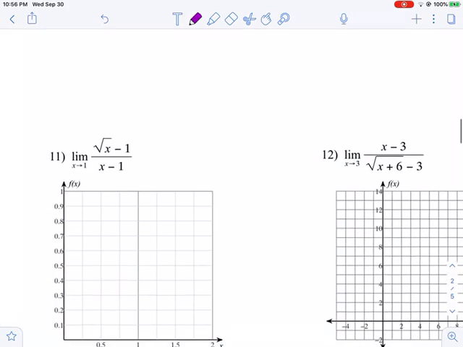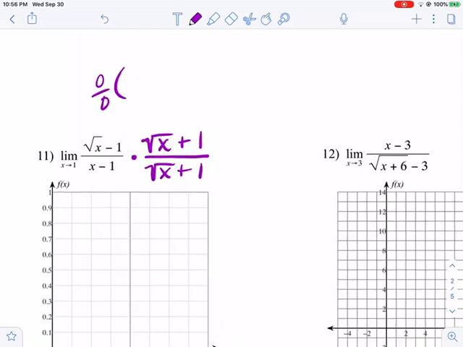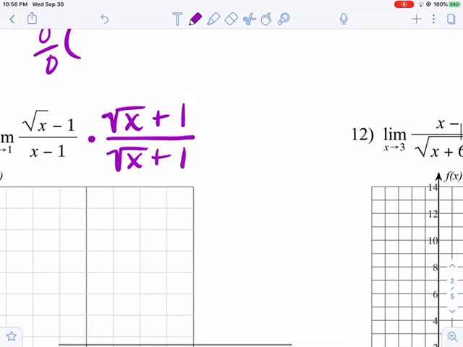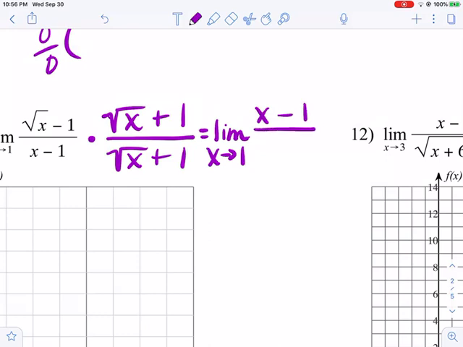Remember that when you see the square root, when you plug in 1 here, you're going to get 0 over 0, so it's indeterminate. So what you're going to have to do is multiply by the conjugate over itself. And the nice thing about that is, in the numerator, we're going to get the limit as x approaches 1 of x minus 1.